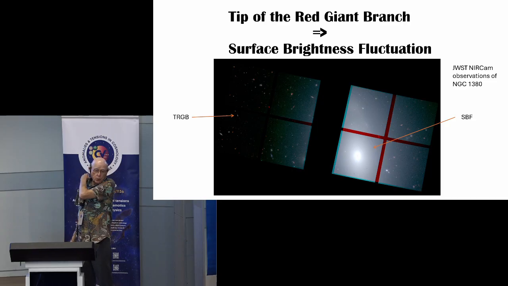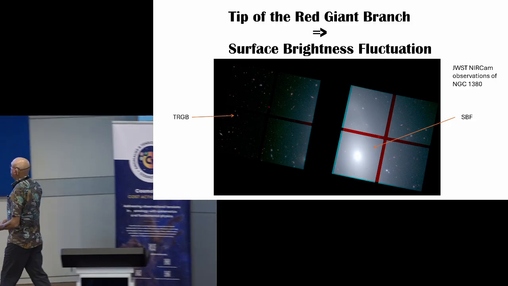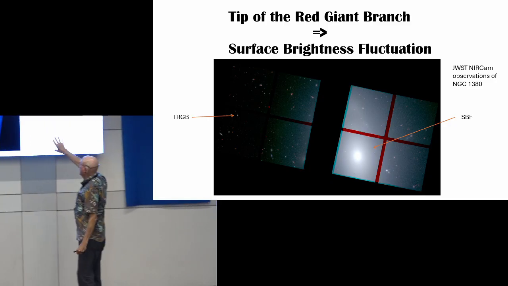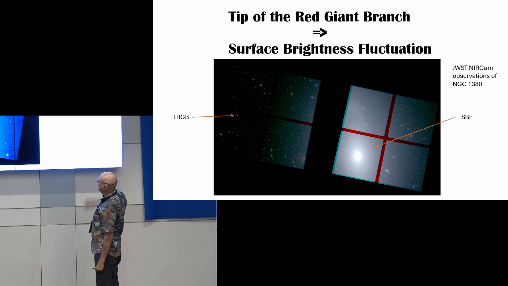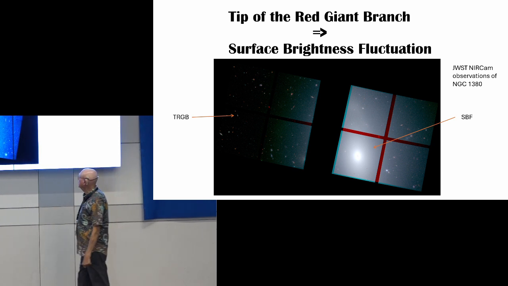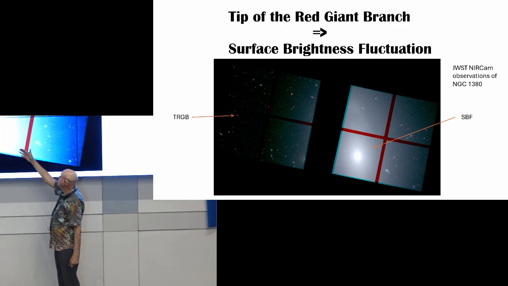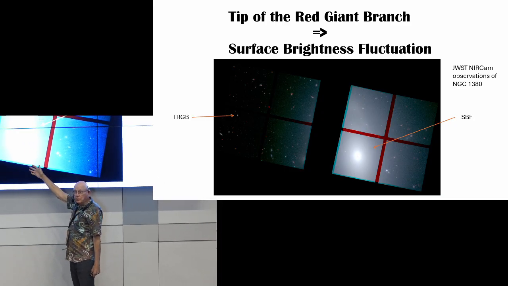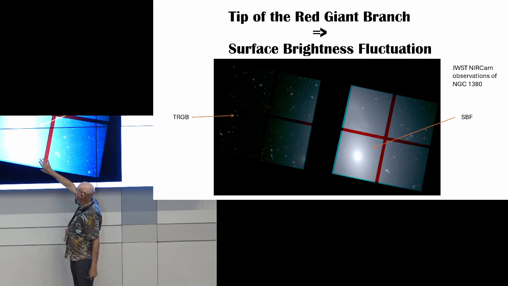So, with these observations with James Webb Telescope, it's very convenient that the NIRCam has these two different panels, and so we can set one panel on the center of a bright elliptical galaxy, say in the Virgo cluster, or in this case NGC 1380 in the Fornax cluster, and here's the center of the galaxy here, and we can measure that at high surface brightnesses, the fluctuations that are occurring in the red giant branch stars that are dominant there, we can measure surface brightness fluctuations.